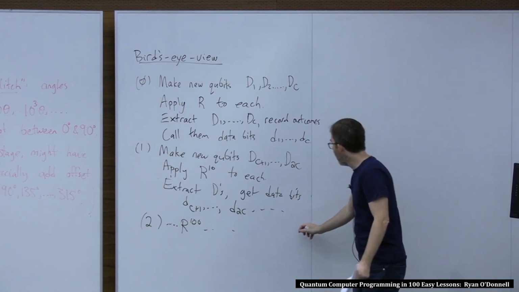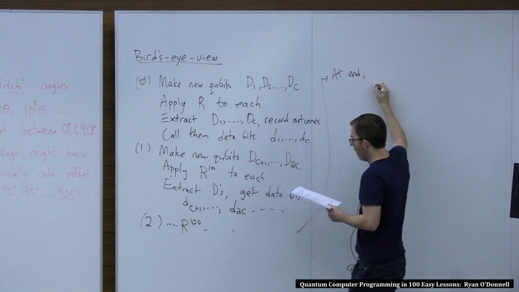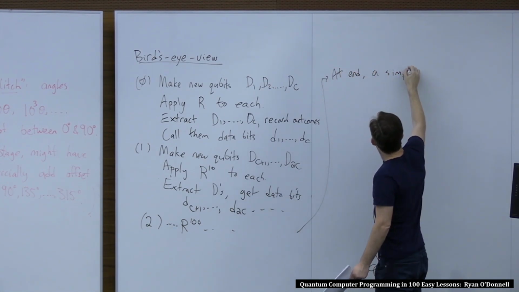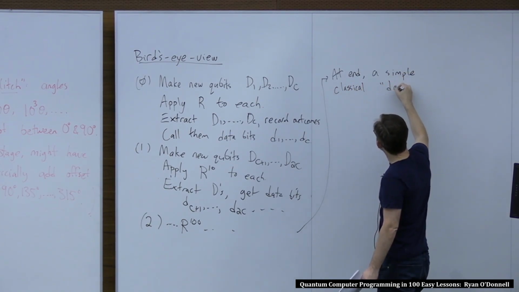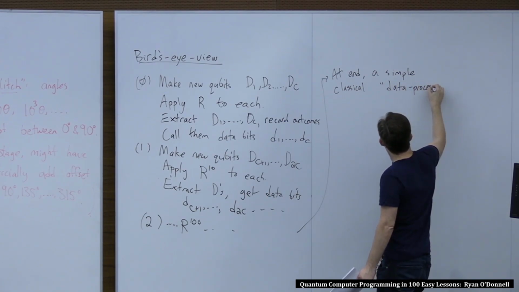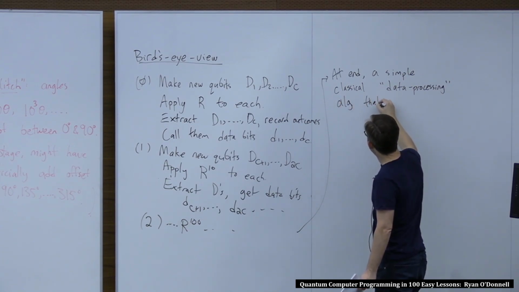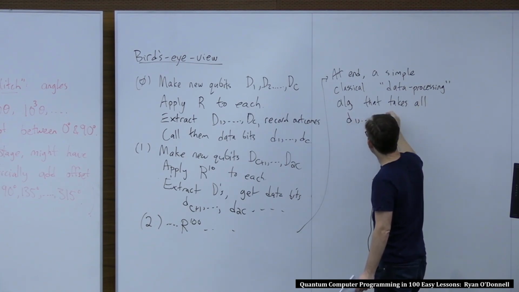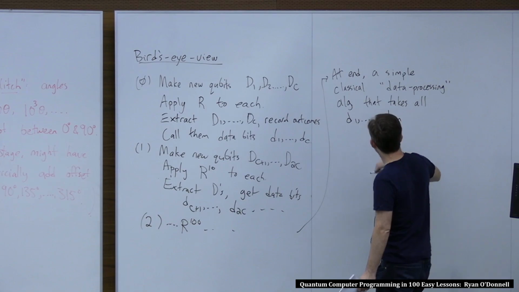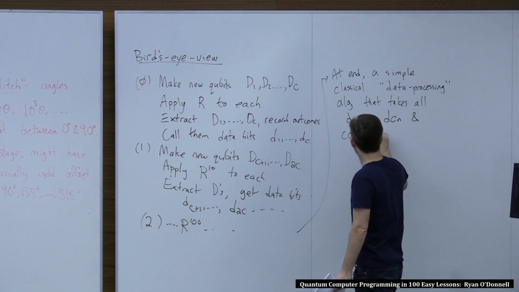And let me just add that at the end, there's a simple classical, by which I mean not quantum, data processing algorithm that takes all the data bits, which is D1 up to DC times N, I guess, and computes the final estimate of theta.